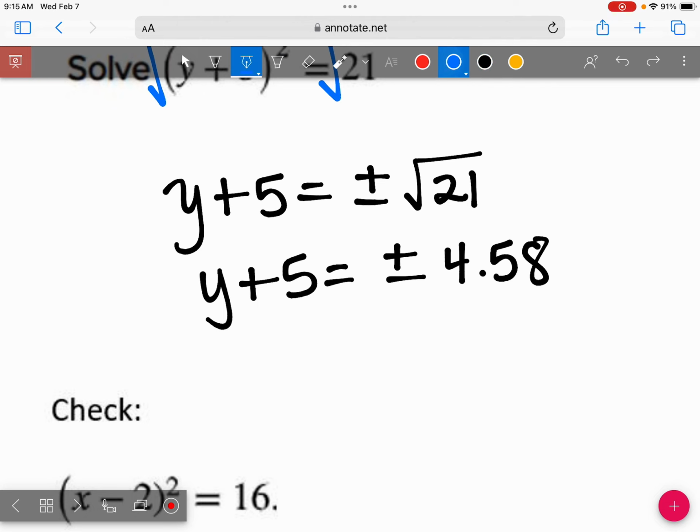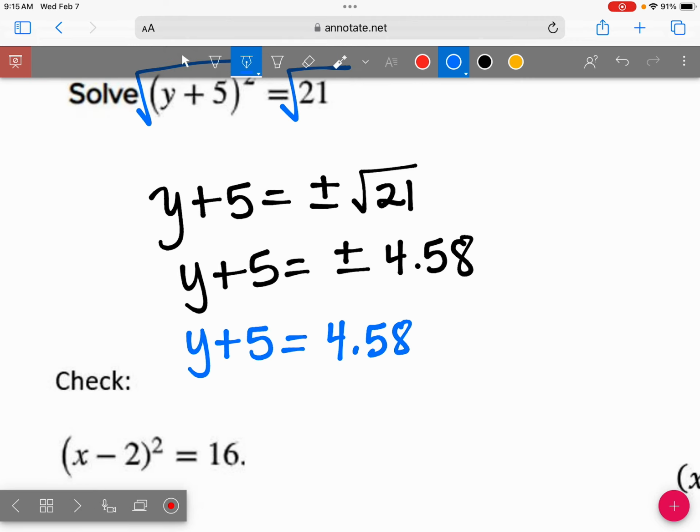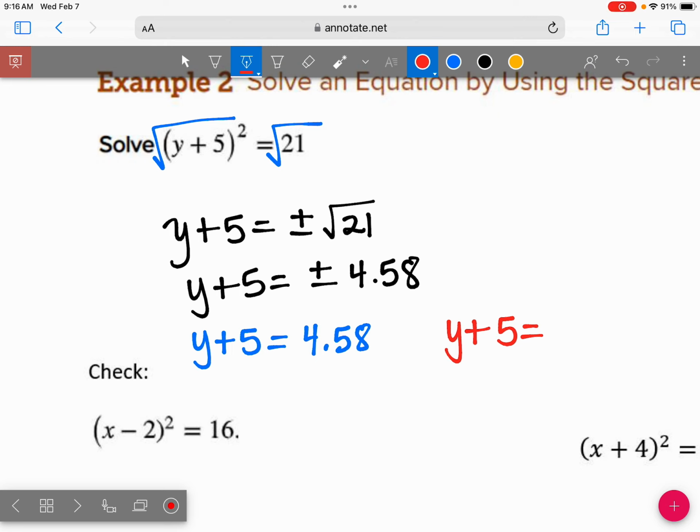So when we break it apart to our two answers, now my two answers are decimals. So you have y plus 5 equals positive 4.58. And then you also have y plus 5 equals what? What's my second? Negative 4.58.